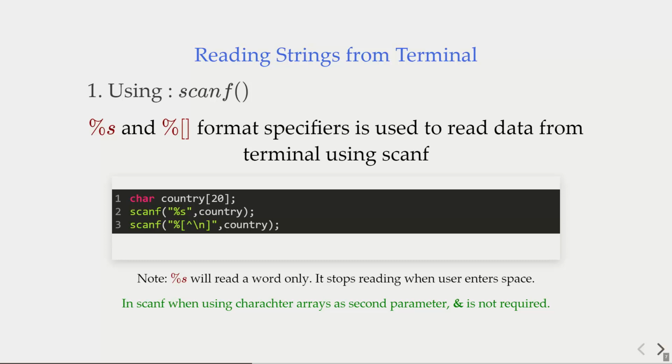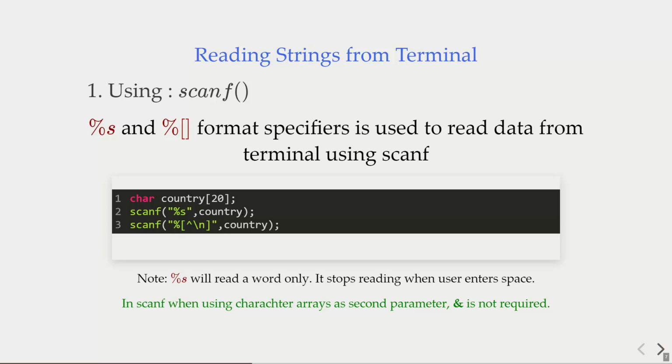Then like any other variable input, we just provide %s, the format specifier, and the name of the character array. The name of the variable was country, so we are going to give country here.